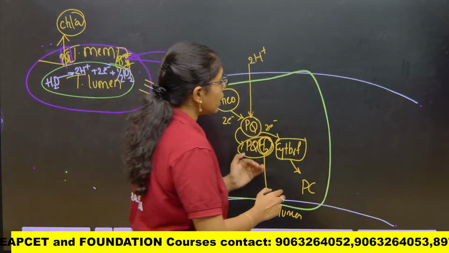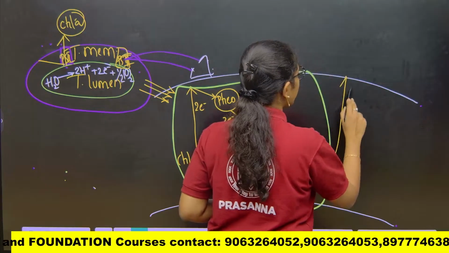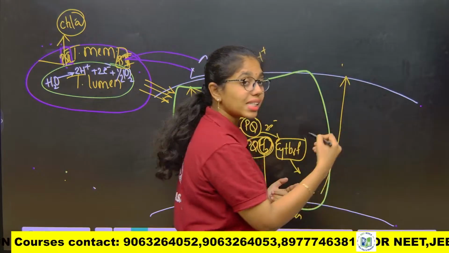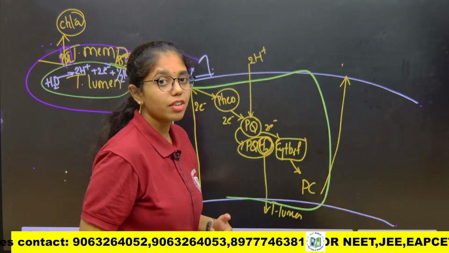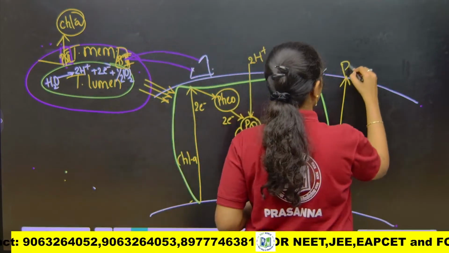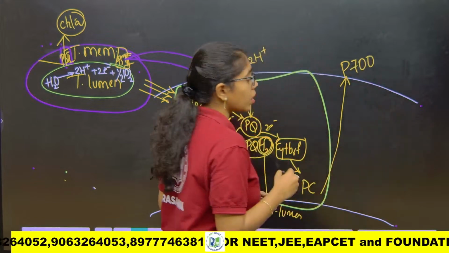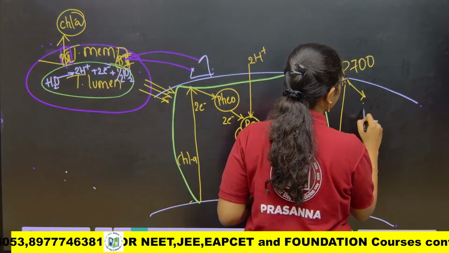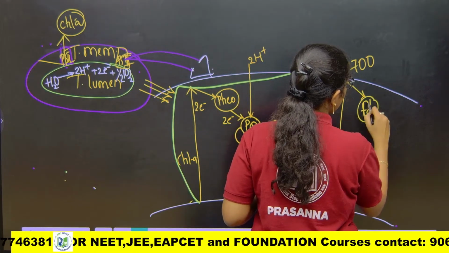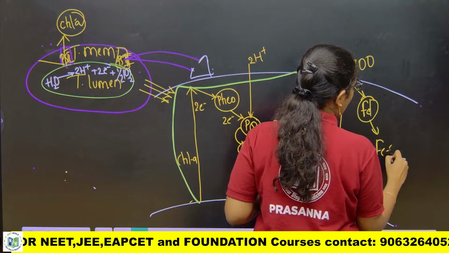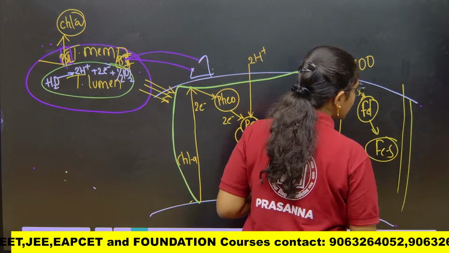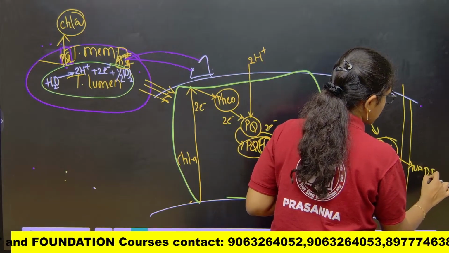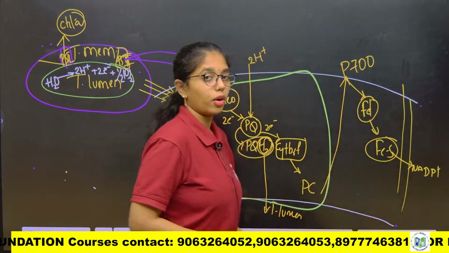From here, the electrons again move in an uphill motion, and the reaction center here has a maximum wavelength of P700. Here the primary electron acceptor will be ferredoxin, the iron sulfur complex, and lastly, on the outer side of the thylakoid membrane, NADP plus is present.